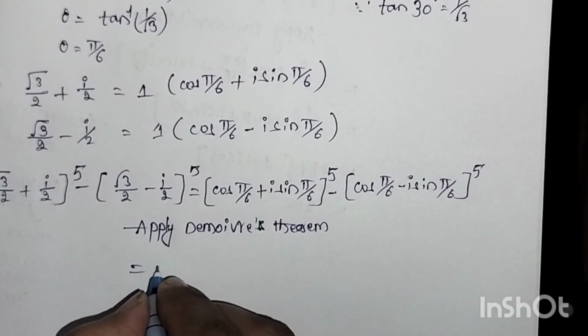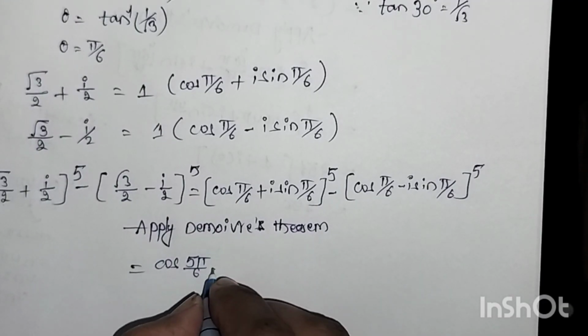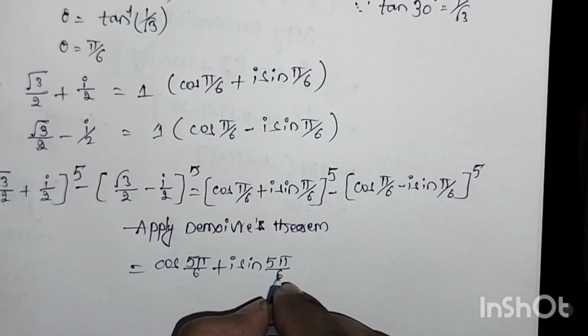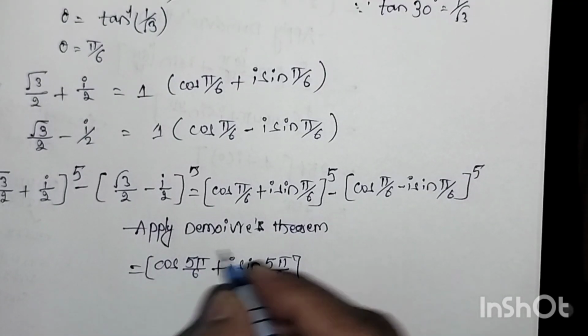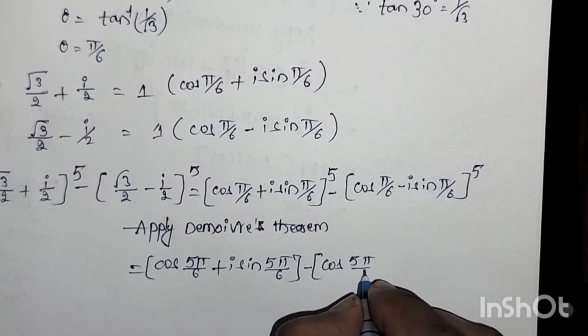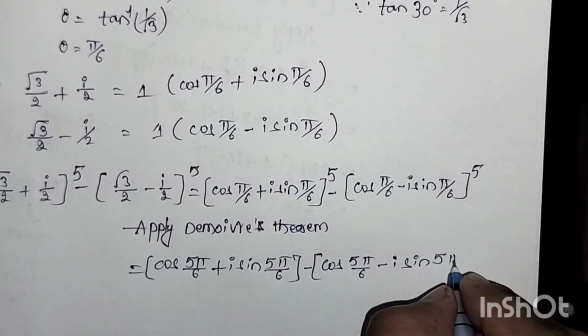That equals cos 5 pi by 6 plus i sin 5 pi by 6 minus cos 5 pi by 6 minus i into sin 5 pi by 6.